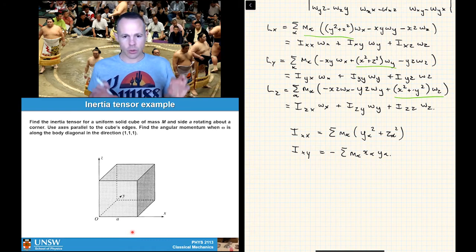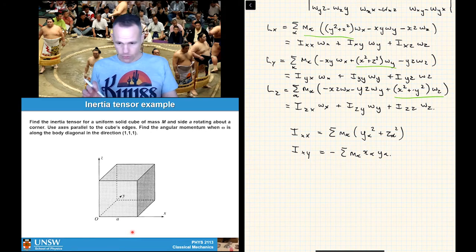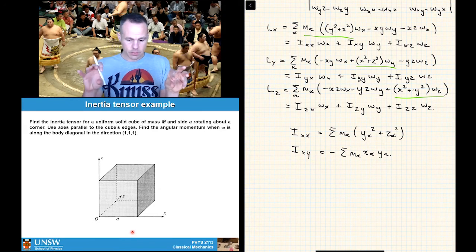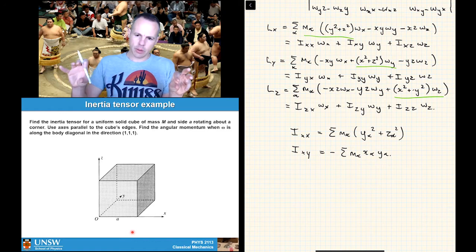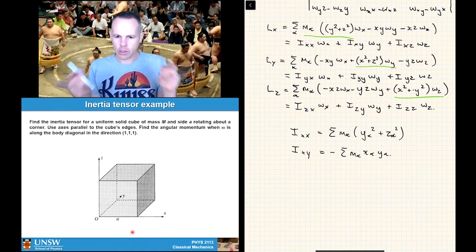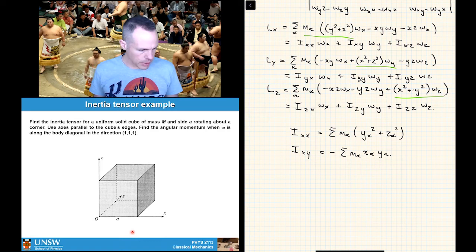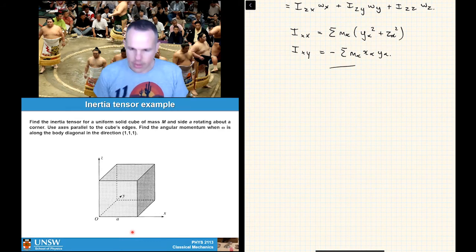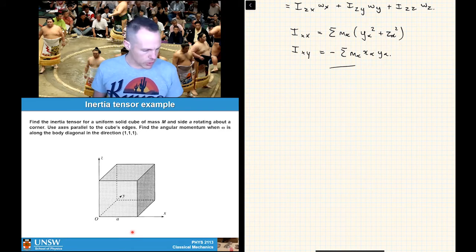Okay, so make sure that you understand this transition from sums when you're cutting into small pieces to integrals when you're dealing with infinitesimal pieces, because that switch between the two is really important to be able to do. Okay, so let's do this one. It's a neat little example, and then we'll finish and take a break, and we'll come back and do some other stuff in the second half.